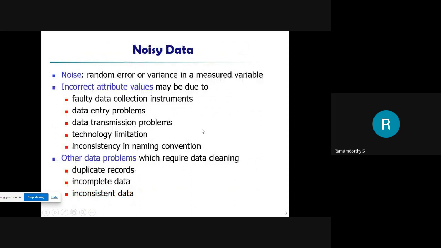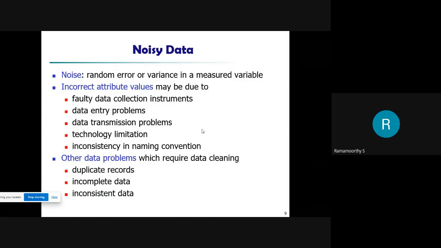And the next category of data is noisy data. Noise is a random error or the variance in the measured variable. It is because of some incorrect attribute values. So what are the different cases of incorrect attribute values?